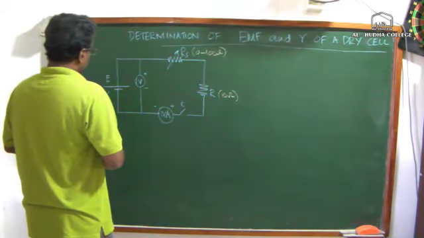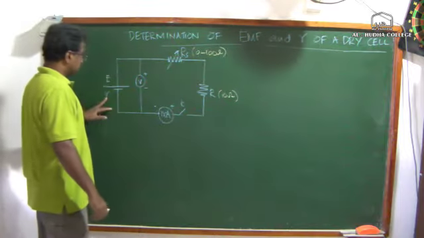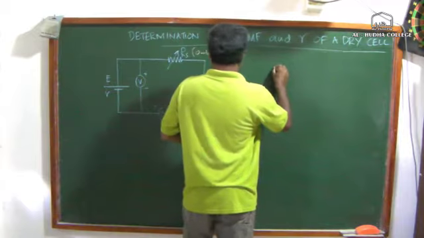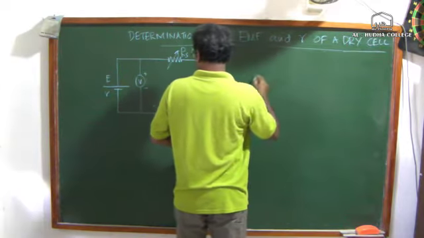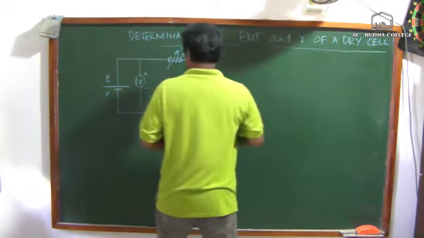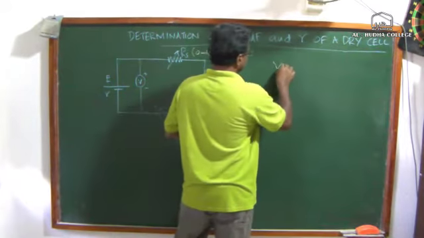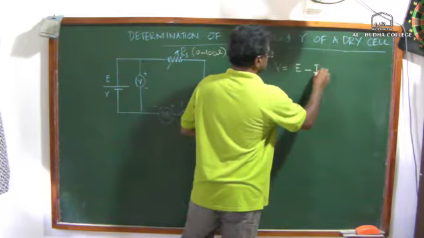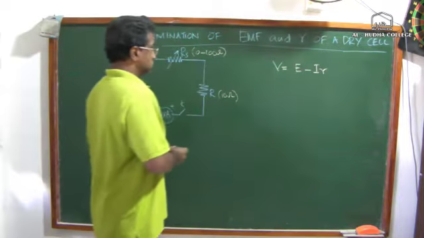Now, since there is an internal resistance and EMF, you can write an equation for the voltmeter. It is terminal voltage V equal E minus IR.